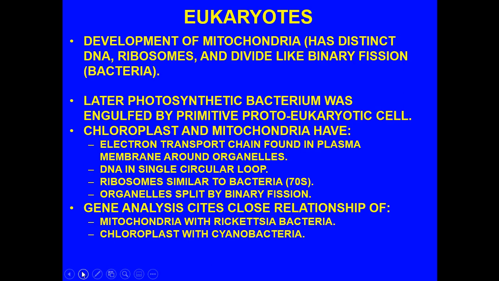When they did gene analysis, they saw a close relationship between mitochondria and the Rickettsia bacteria. Rickettsia are a unique bacteria that basically have to be inside the cell to function. The chloroplast has been found to have a genetic similarity with the cyanobacteria.